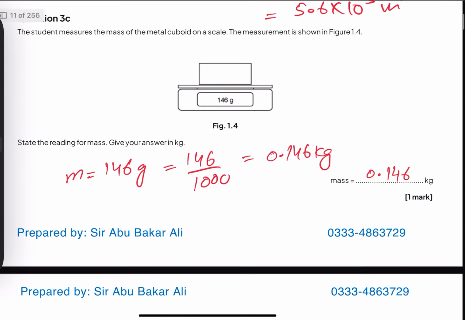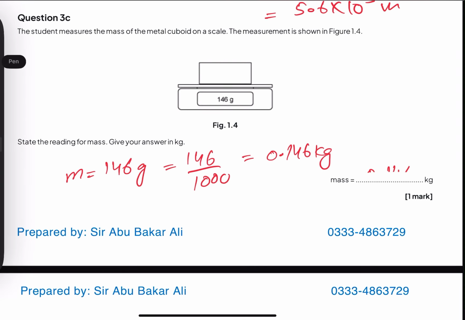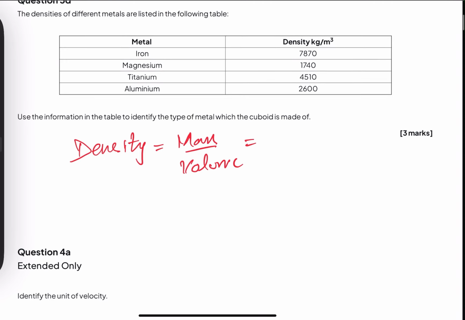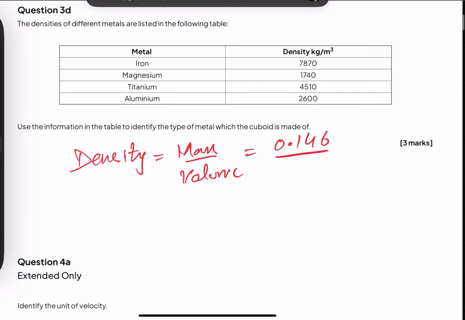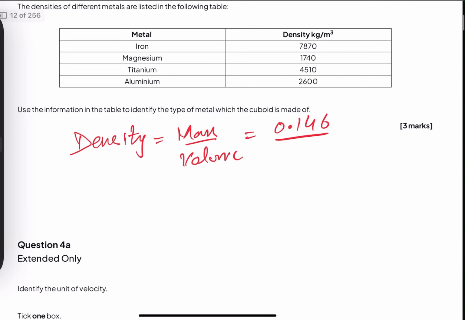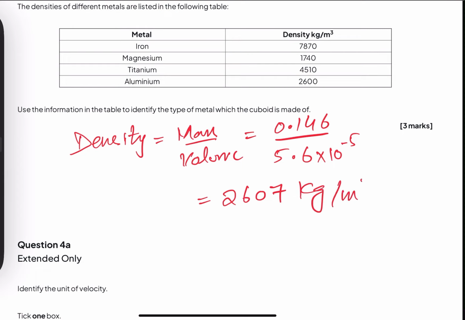The mass was 0.146 and the volume was 5.6 times 10 raised to power minus 5. Dividing both of them, you get 2607 kg per meter cube. This is the density, which is nearly equal to this one. So the material is aluminium.